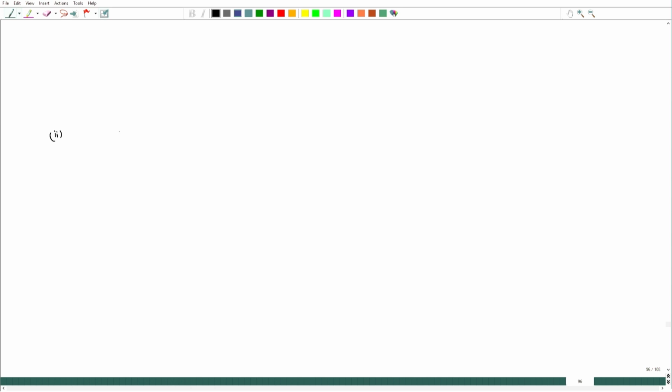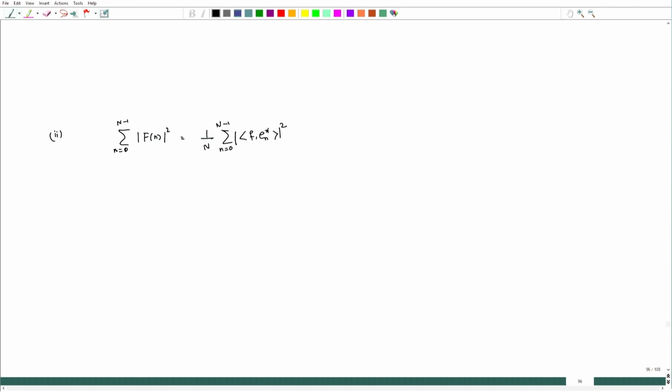Now, for the Parseval identity, the proof of 2. If I take the summation over n from 0 to n minus 1 of mod of capital F n square, this is equal to, by our earlier calculation, 1 by n summation over n equal to 0 to n minus 1 of mod of the inner product of f and E n star, square, because of the 1 by square root of n that we have got.